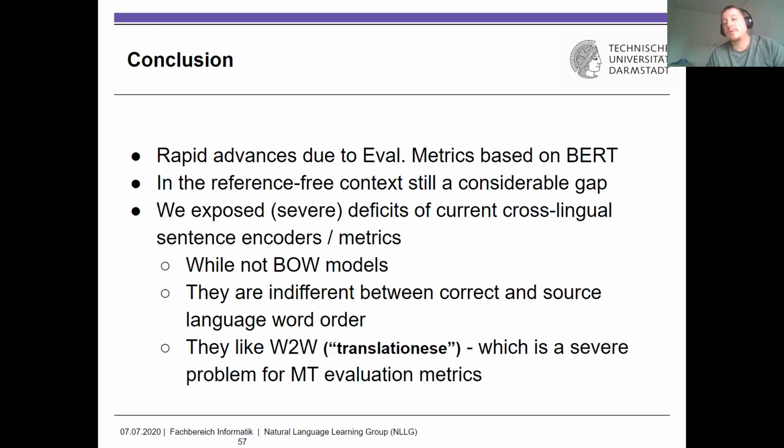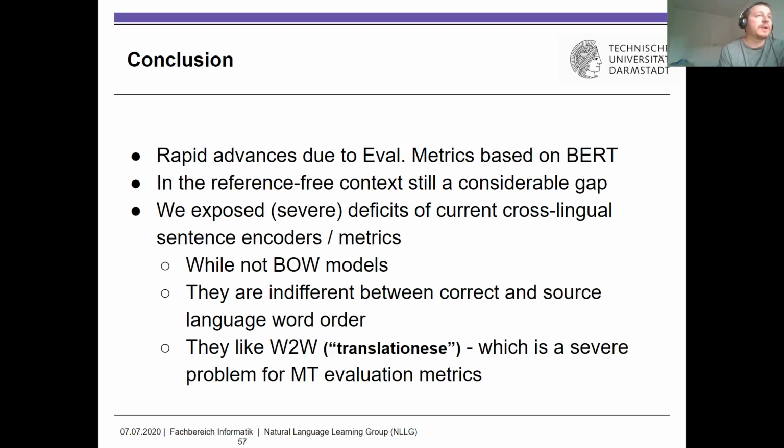And then we exposed what you can call severe deficits of the current cross-lingual sentence encoders or metrics. Namely that while they're not bag-of-words models, they're indifferent between correct and source language word order, and they like word-by-word translations, which we call translationese. And this poses a severe problem if you want to use those metrics for machine translation evaluation.